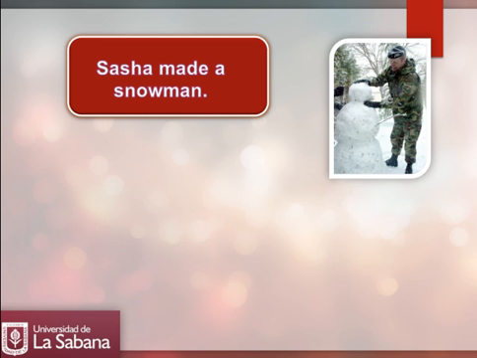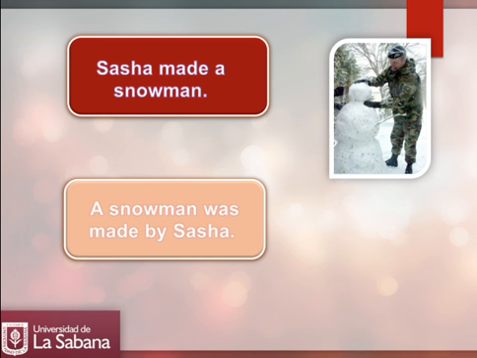Try to transform this sentence into the passive voice. Remember that you first need to identify the subject of the sentence, the object of the sentence. You need to find the main verb and identify its tense. Pause the video if you need more time, and when you are ready, the answer is a snowman was made by Sasha. Did you get this one?